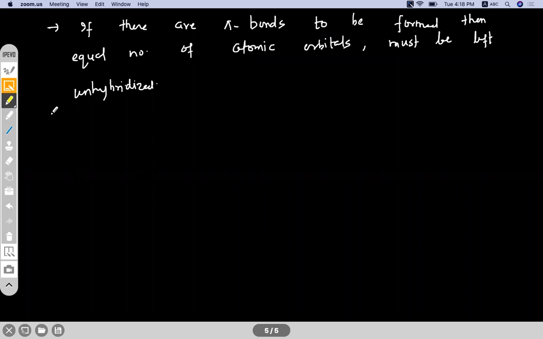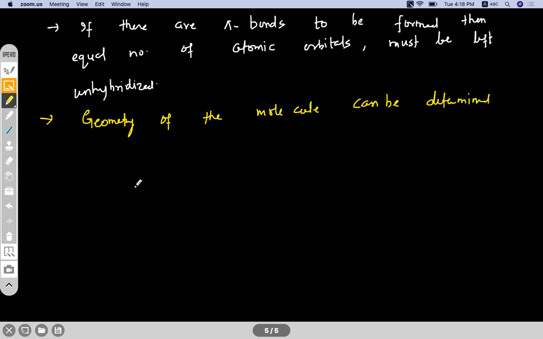Okay, next one is the last one. Geometry of the molecule can be determined by knowing the hybridization.